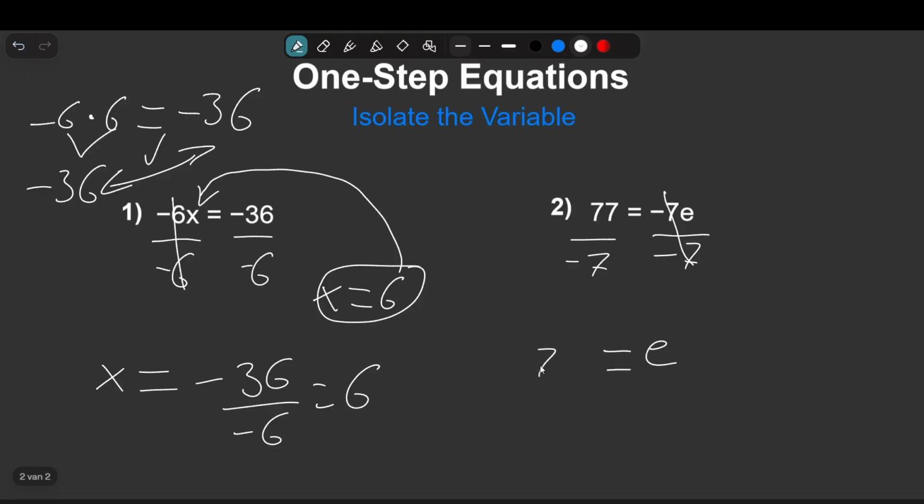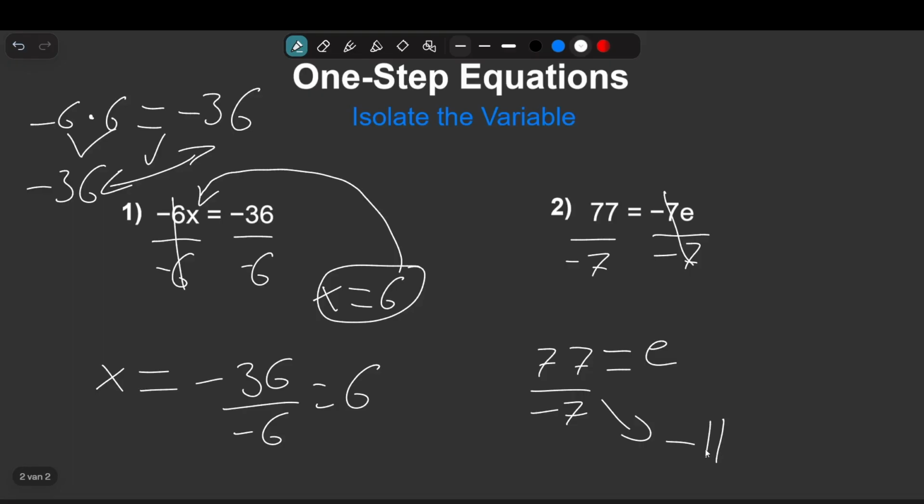So now we have something equals e. We're going to have 77 divided by -7 equals e. Now all we have left to do is solve this. So 77 divided by -7 is going to be negative, let's do it over here, -11.